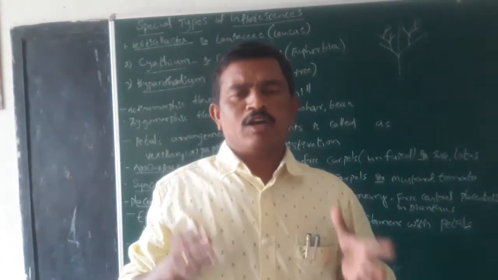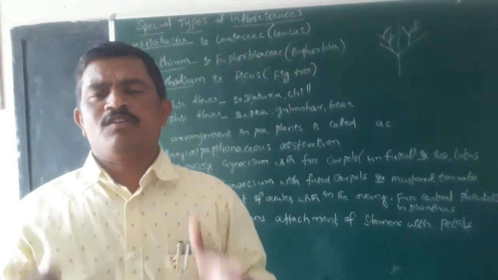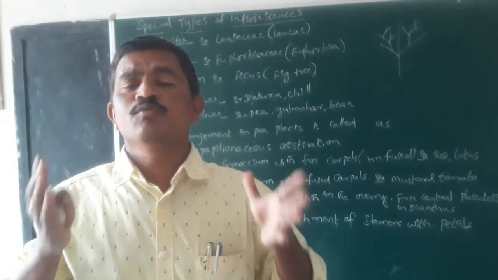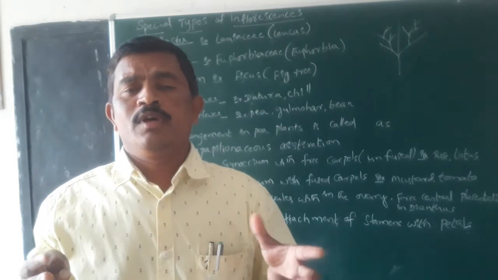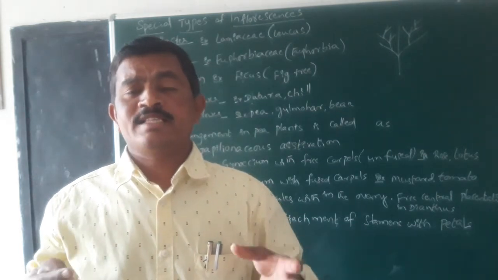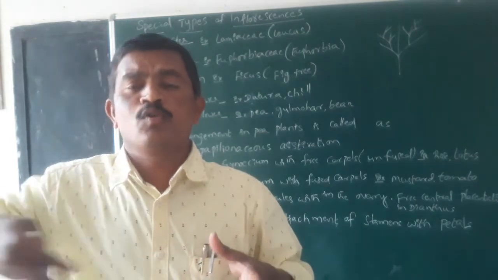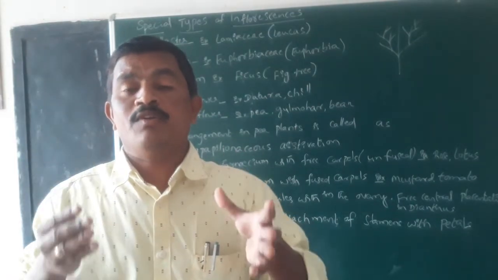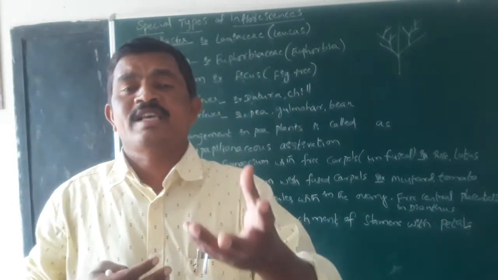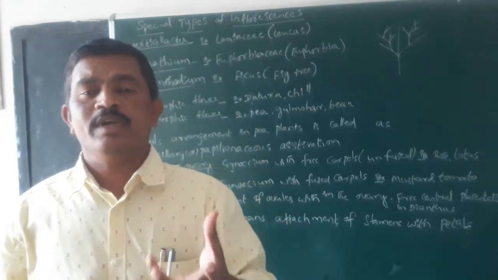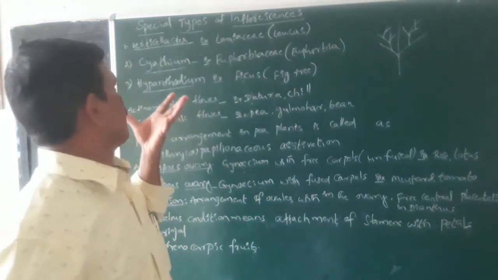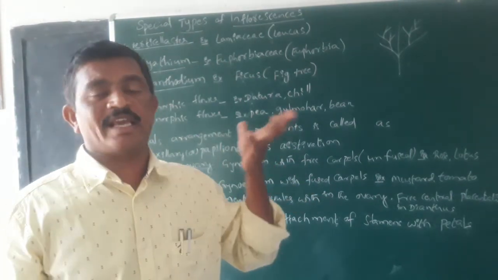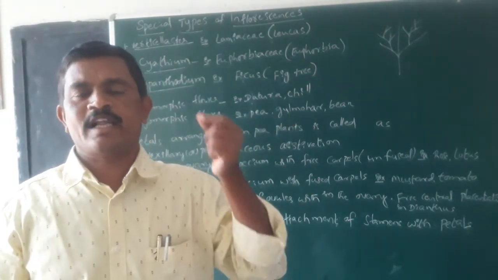With the development of the flower, it starts as a dichasial cyme and turns to a monochasial cyme. A number of sessile flowers are produced around the node, and due to the formation of the number of flowers around the node, it appears as a whorl. So it is called verticellaster inflorescence, found in the members of Lamiaceae. Example: Leucas. Once again I am repeating.